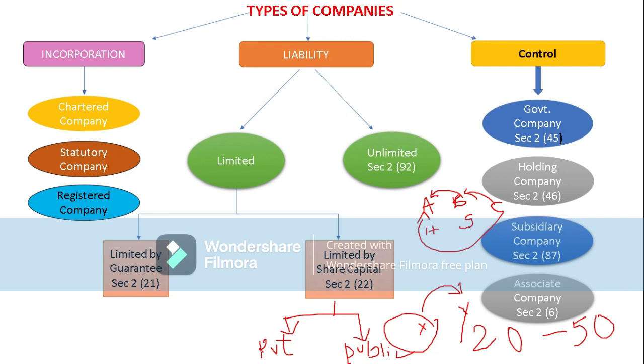Minimum paid up capital, for example, before the 2015 Act, a private limited company should have a paid up share capital of 1 lakh rupees. For public limited it should have 5 lakh rupees paid up share capital, then it will be considered a public limited company.